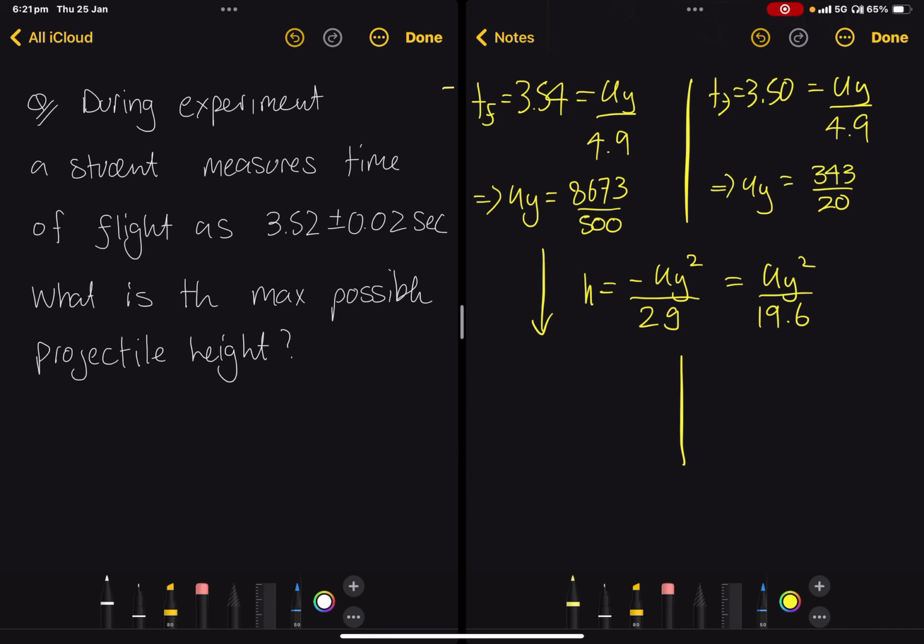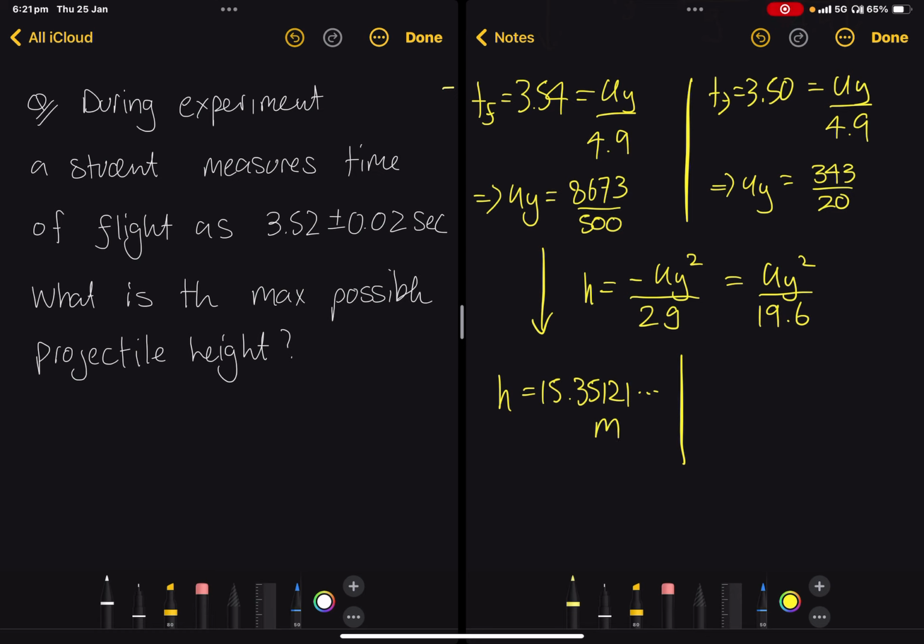So the maximum height in this first case is height max 0. We have to square, so it's 8673 over 500 squared divided by 19.6. That is 15.35121 dot dot dot.